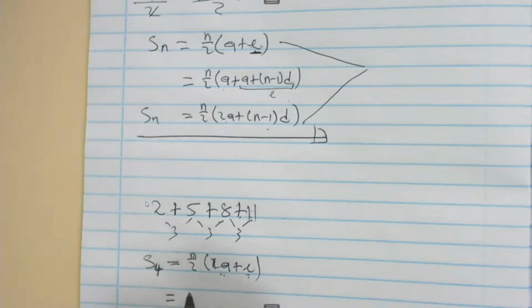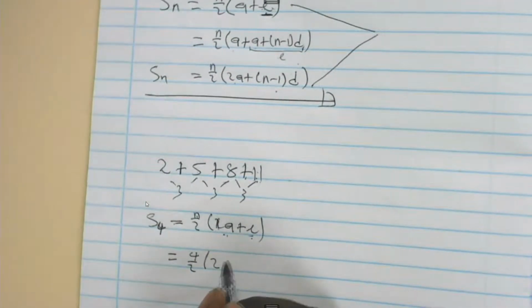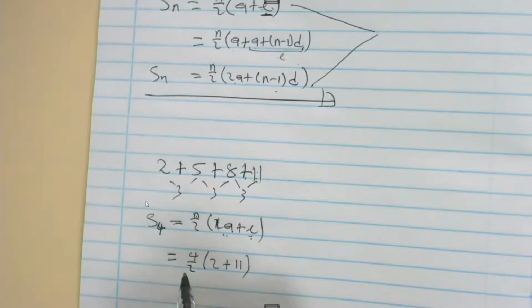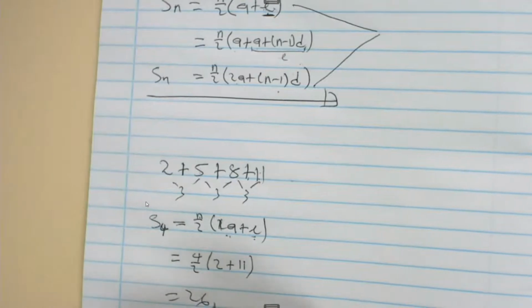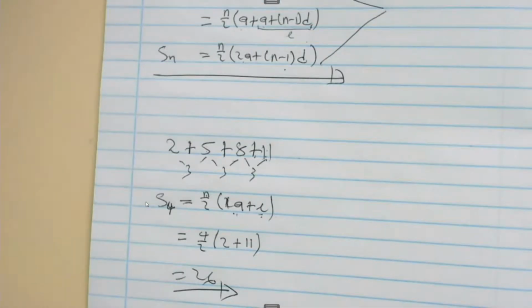Therefore, this would be 4 over 2 because there are 4 terms, into a, the first term, which is 2, plus the last term, which is 11. 2 plus 11 is 13. 4 divided by 2 is 2. 2 multiplied by 13 gives us 26. Therefore, the sum of the first 4 terms is 26.